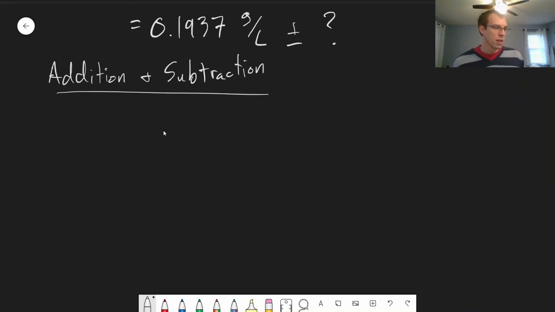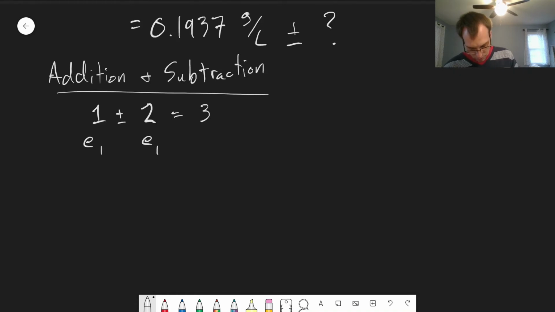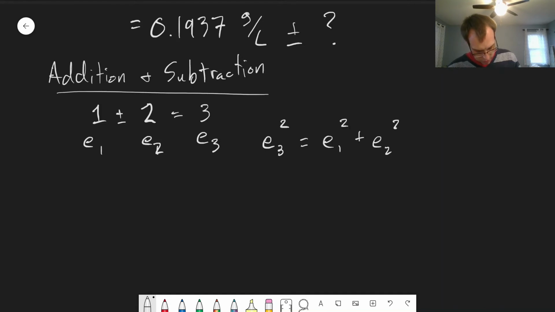Okay, so the rule for addition and subtraction is that if we have value 1 plus or minus value 2, that gives us value 3, and each of these has an uncertainty associated with it. We'll call it E1, E2, and E3. The uncertainty is that E3 squared will be equal to E1 squared plus E2 squared.